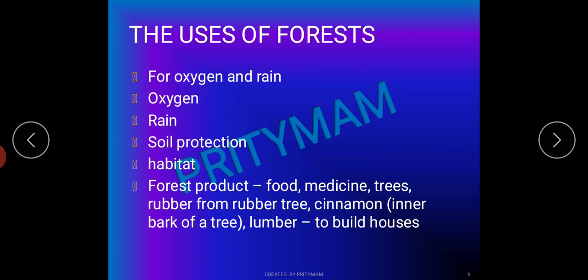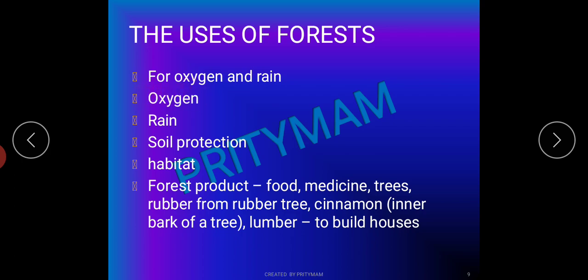The uses of the forest. Forests are of great importance to us, to all living beings. Not only do we get many products from them, but we also depend on them for rain and oxygen.